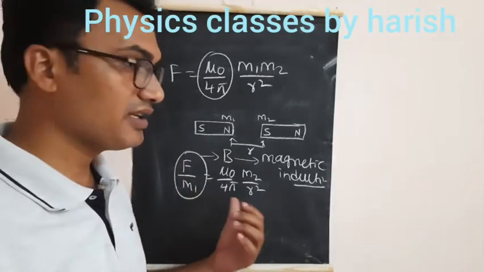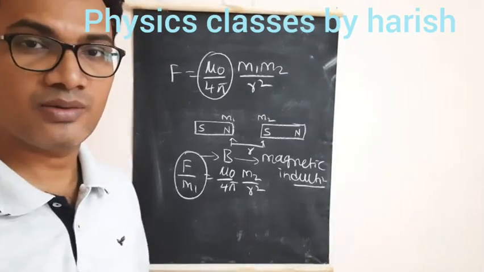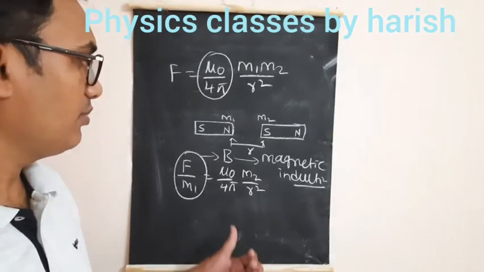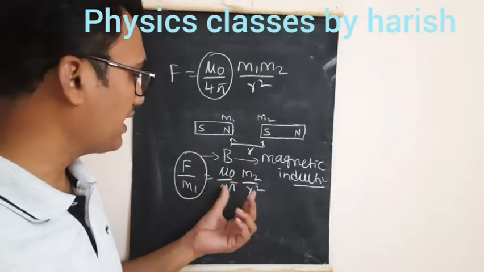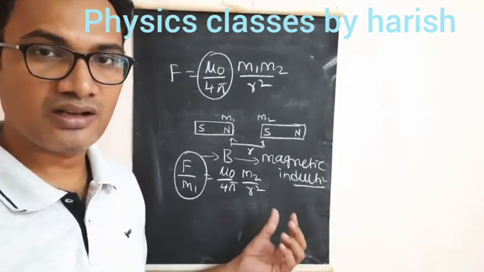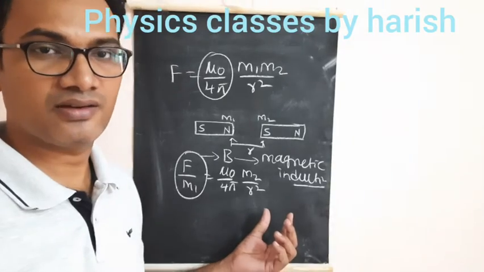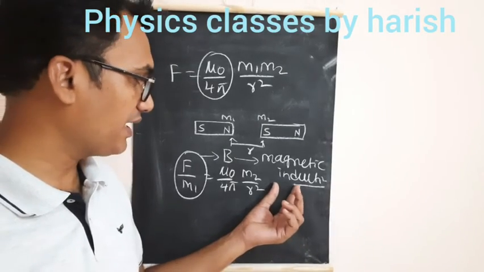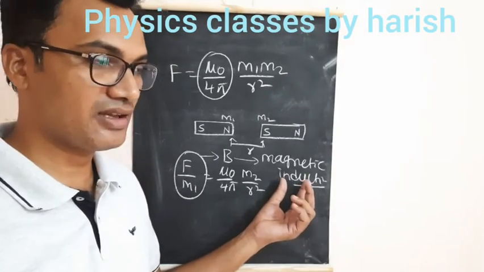M is the pole strength, and the unit of pole strength is ampere meter. So the magnetic field can be defined as the force experienced by a unit north pole. It is the intensity of magnetic field, or magnetic induction, or strength of the magnetic field.